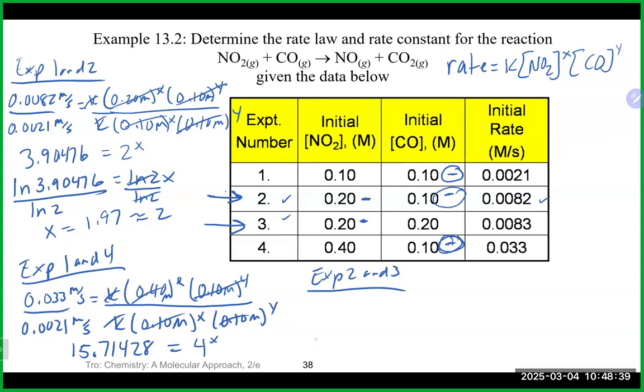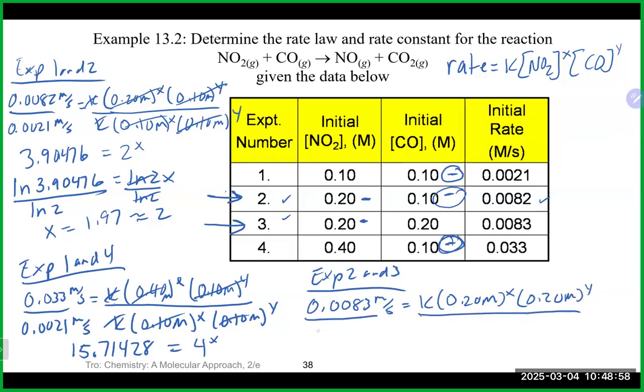We will have, looks like it doesn't really matter, but we'll go with number 3 up on top. 0.0083 molar per second is equal to our K, our 0.2 molar to the X, our 0.2 molar to the Y. And putting in our other one there, 0.0082 molar per second, our K, our 0.2 molar to the X, and our 0.1 molar to the Y. Once again, if you do that, you get pretty close to 1 in this case.